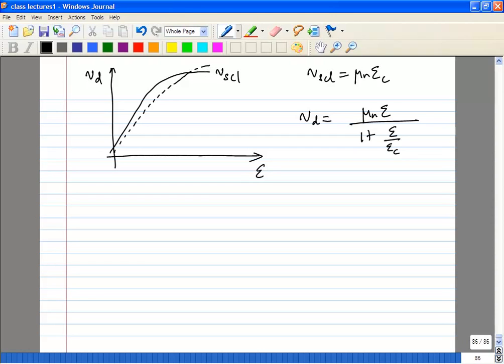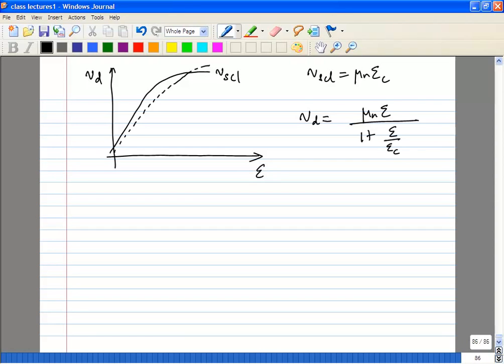Instead of a linear relationship, you try to get closer to what is real. Your EC is defined as the point when your drift velocity goes to half of what it would be if it were linear. If it was linear, you would get mu n EC, but at E equals EC, you actually get mu n EC over 2, half of the linear value.